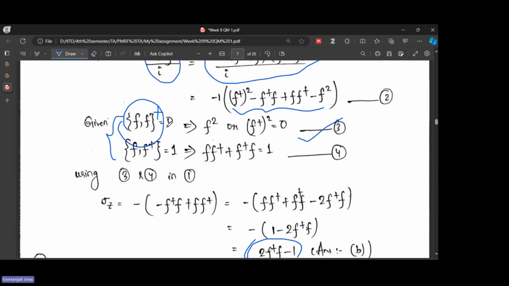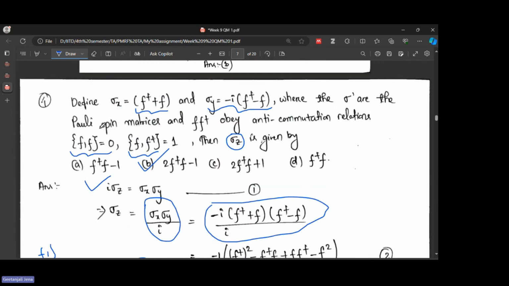Now if you take the dagger of this condition, the right hand side is 0, so it will not be affected if I take the dagger.